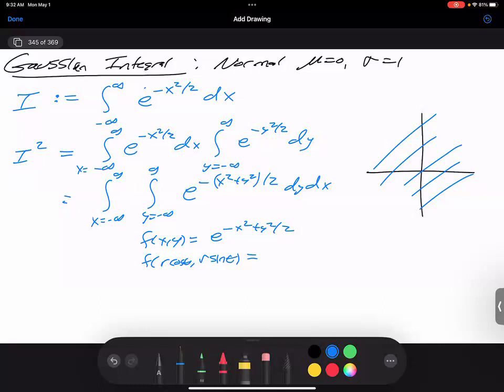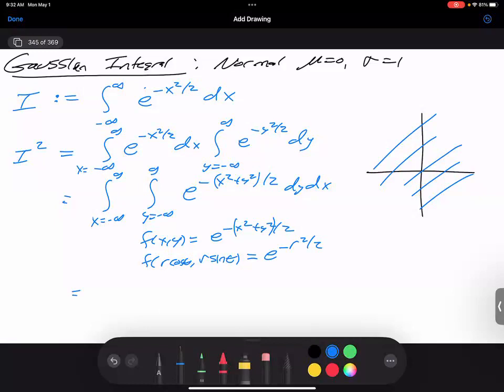When I'm changing my integration, I have to change the bounds of integration, and I have to now have my function be a function of just r and theta. So what would you get when you now look at e to the x squared plus y squared over 2?